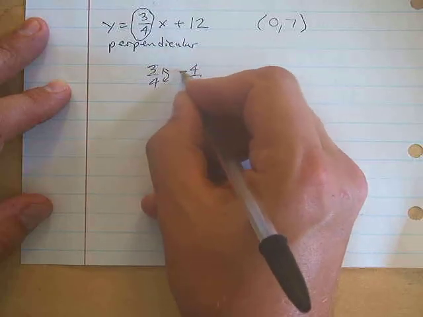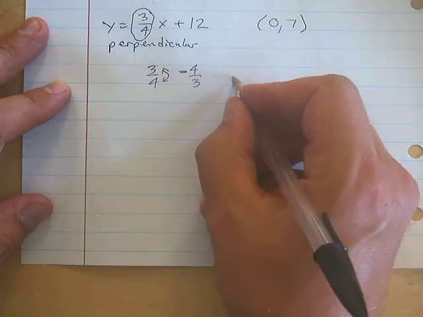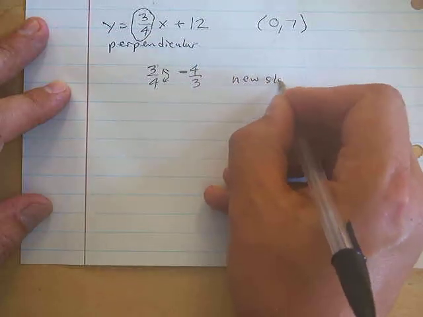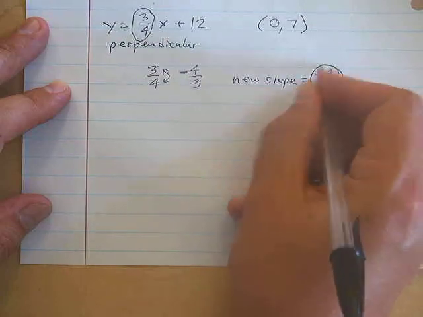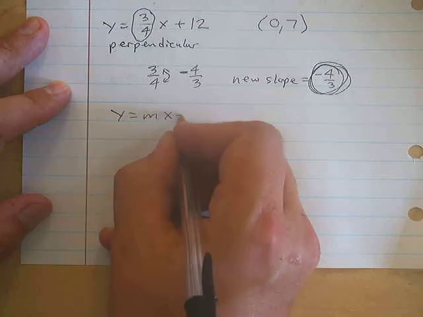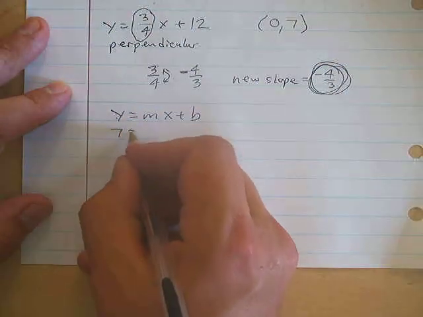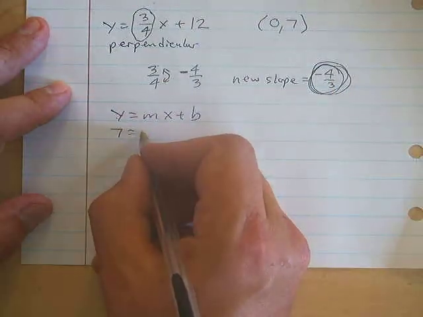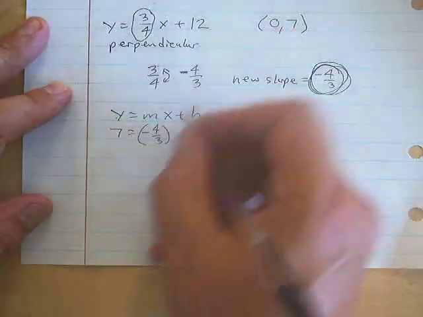So I look at my slope, which is 3/4. Okay? All right, take 3/4, and I take the reciprocal, I flip it, so it becomes 4/3 and becomes negative. So this is my new slope, negative 4/3. That's what I'm going to use.